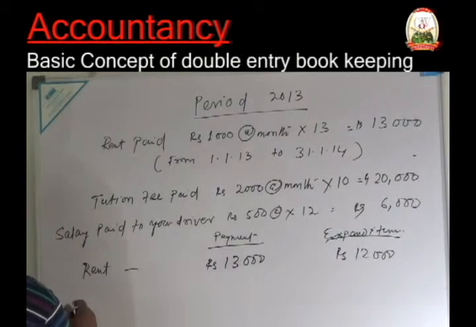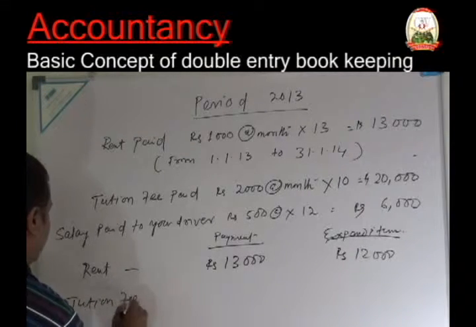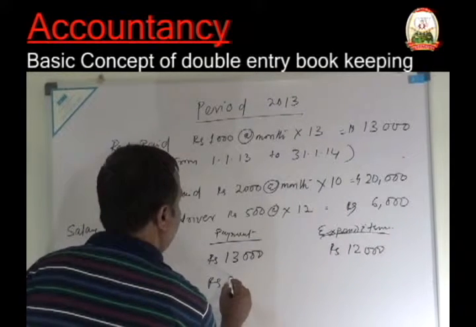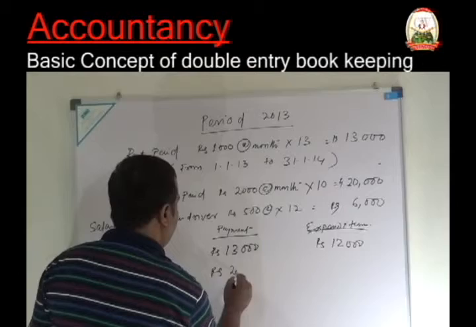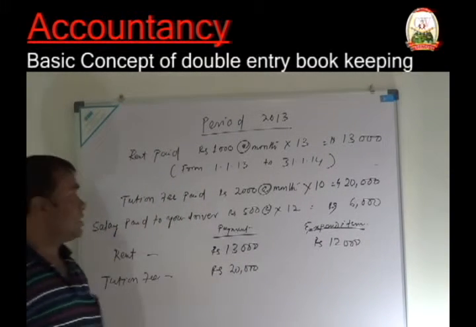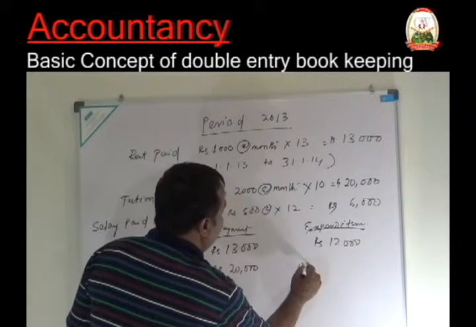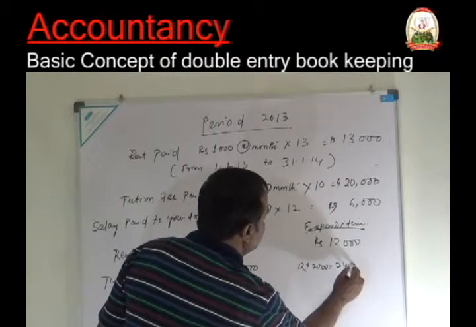Here the payment is rupees 20,000, whereas your expenditure is 12 into 2,000 equal to 24,000.